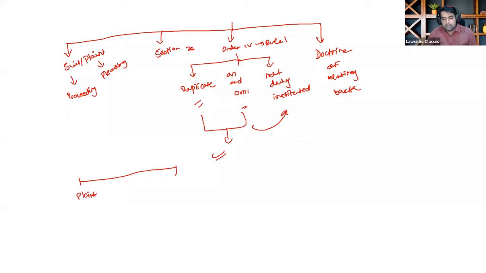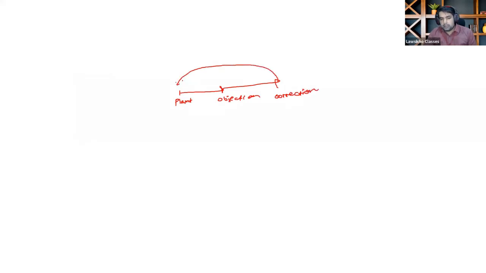Suppose such a thing happens that a plaint is filed before the registry, and registry raises certain objections, and then corrections are made later on. So in that case, what will happen? The corrections will relate back to the filing of the plaint, original date of the plaint. So this is something known as doctrine of relating back.